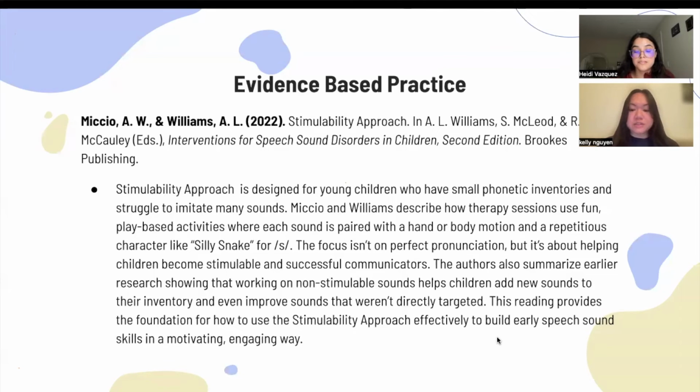The authors also summarize earlier research showing that working on non-stimulable sounds helps children add new sounds to their inventory and even improve sounds that weren't directly targeted. This reading provides the foundation for how to use the stimulability approach effectively to build early speech sound skills in a motivating, engaging way.